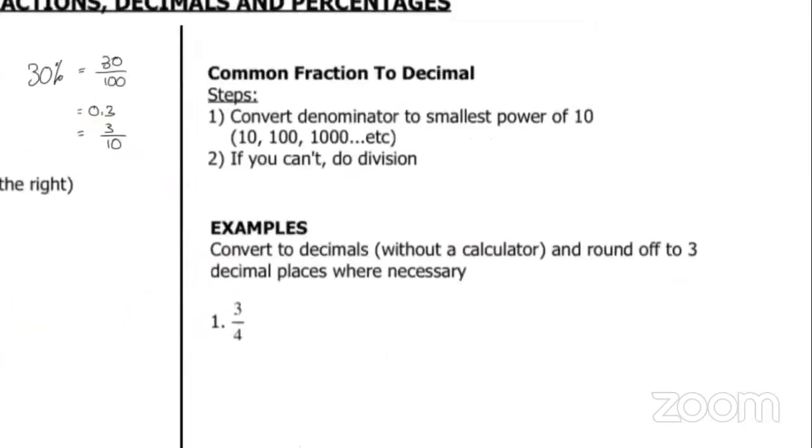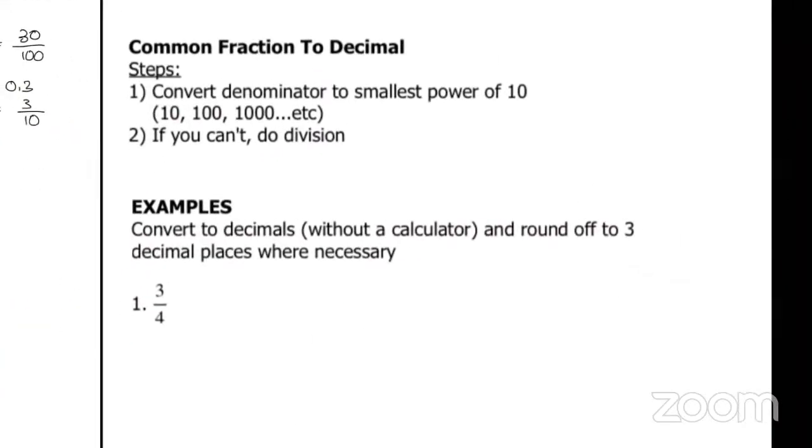Let's look at the next type of question that we need to understand. Common fraction to decimal. So to convert from a common fraction, remember, we said common fraction is what exactly? Common fraction is just your regular fractions, right?